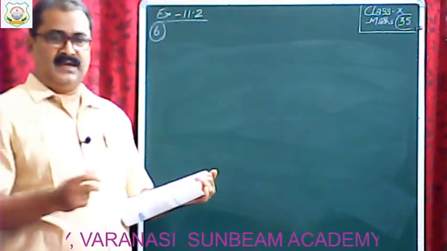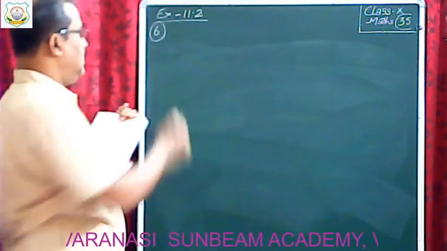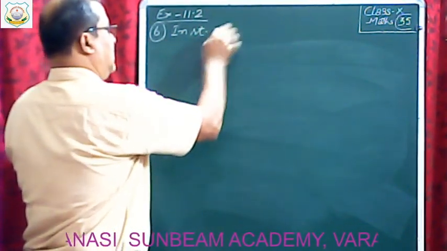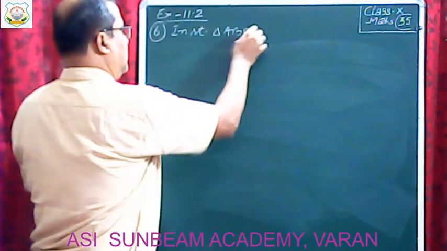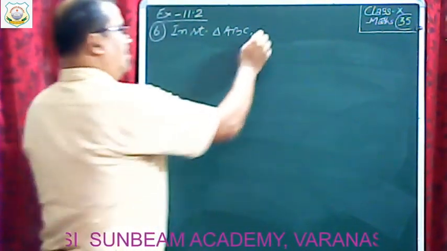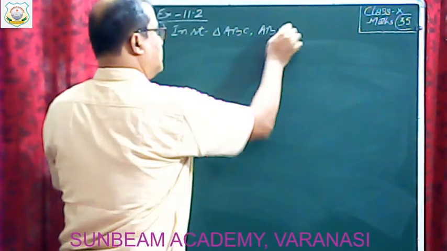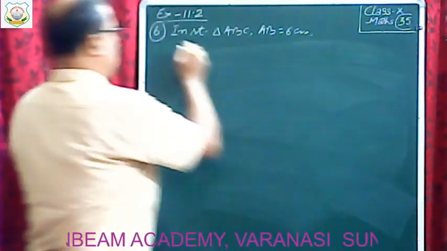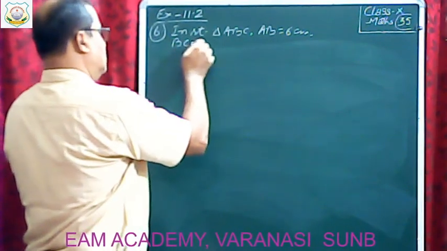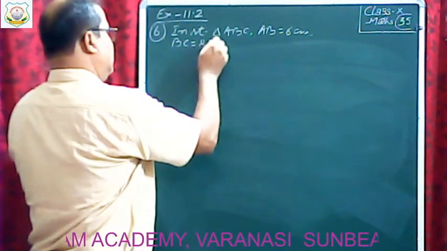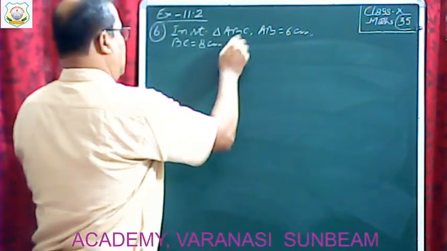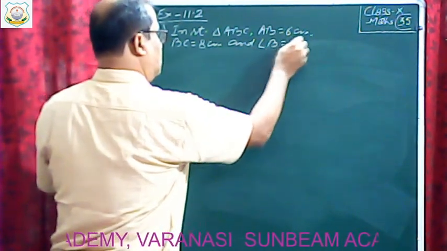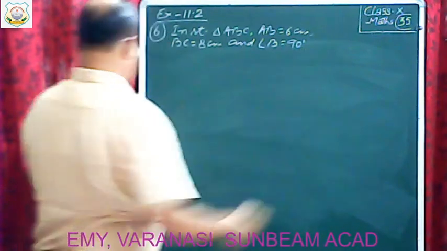ABC is a right triangle. Okay. So in right triangle ABC, AB equals 6 cm, BC equals 8 cm, and angle B equals 90 degrees.